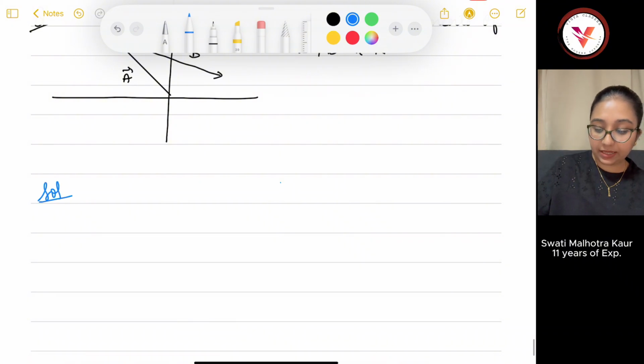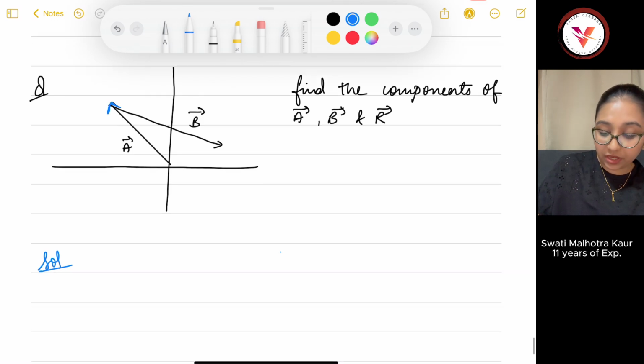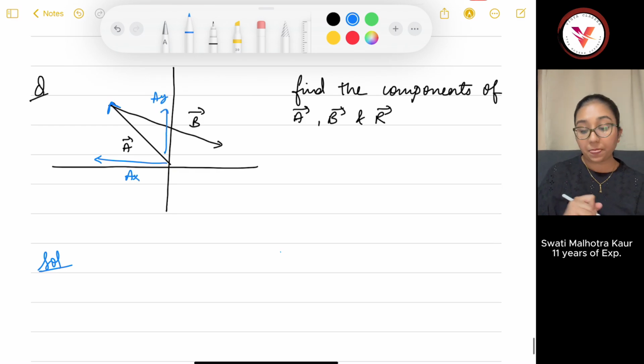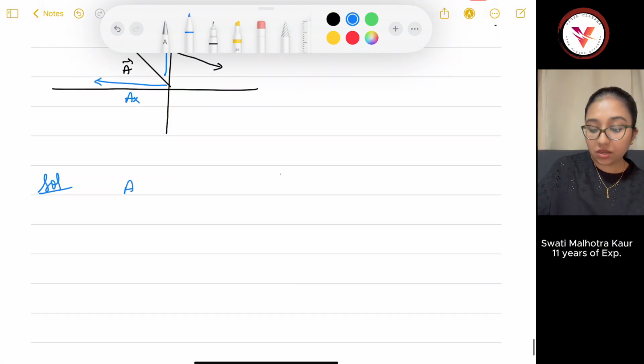Let's do it from the diagram. A vector is here. If you resolve it, Ax would be here and Ay there. That means Ax is in the negative x direction and Ay in the positive y direction. So A vector can be written as Ax minus i cap plus Ay plus j cap.